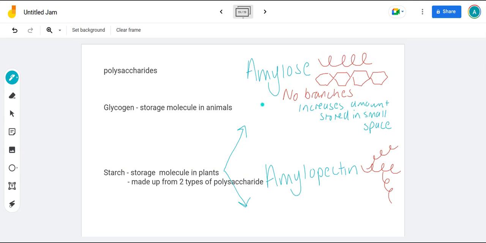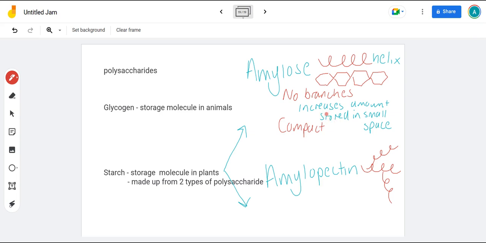It's got this spiral, this helix, we call it, like the double helix of DNA. It's a single spiral. Because it's coiled, it's very, very compact. Again, it increases the amount that can be stored in a small space.